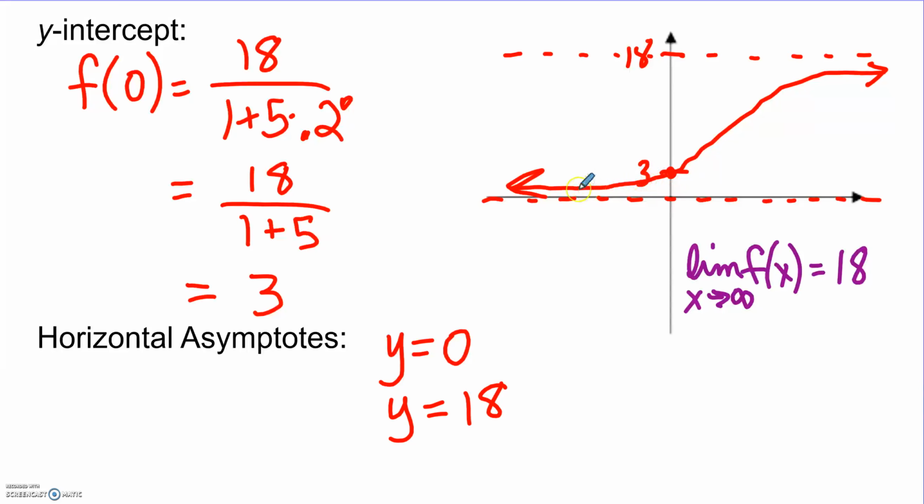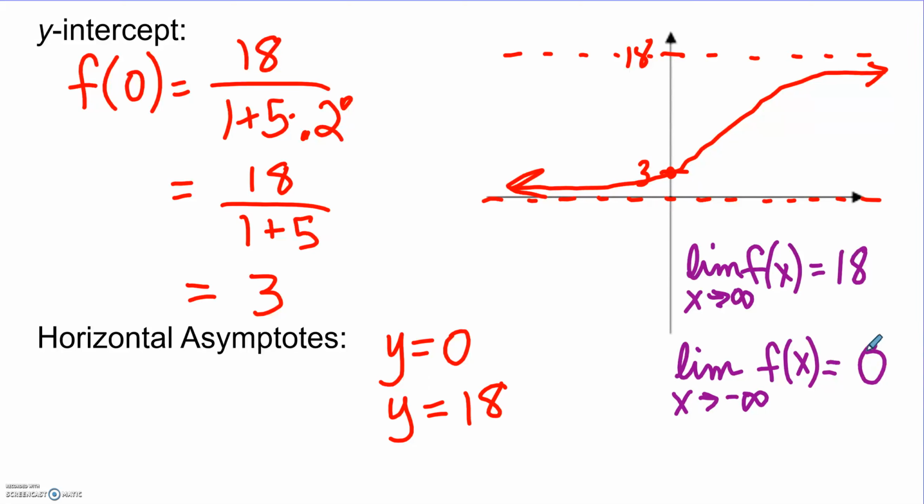As x is getting large and negative, however, the y value is approaching... See if you can think what that answer is while I'm writing it out here. You should have come up with the answer of 0, because we're approaching this horizontal asymptote at y equals 0 here.